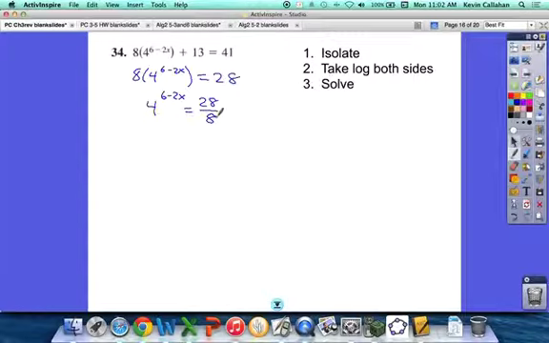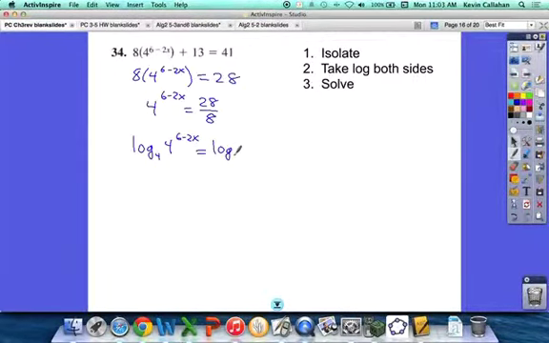Okay, now we've isolated the exponential. Take log of both sides. Which log? Log base 4, right? So you have log base 4 of 4 to the 6 minus 2x equals 28 over 8. Oh, that was wrong. Sorry. I'm modeling what you're not supposed to do. Okay.